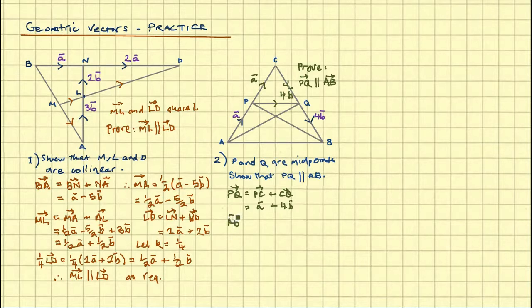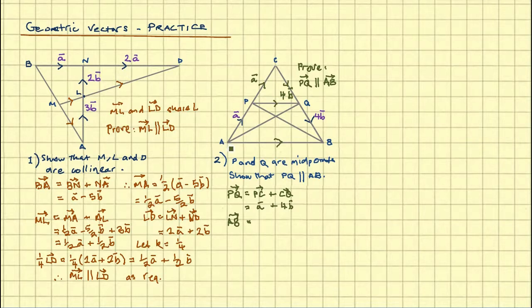So again, if you're confident, pause the video, write down an expression for AB in terms of a and b vectors, and see if you get the same result as I do. Okay, so AB, we're going to go in this direction here, so along there.